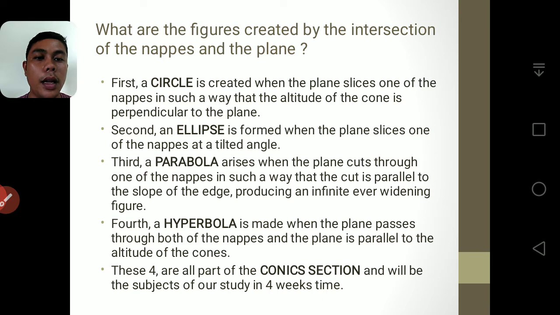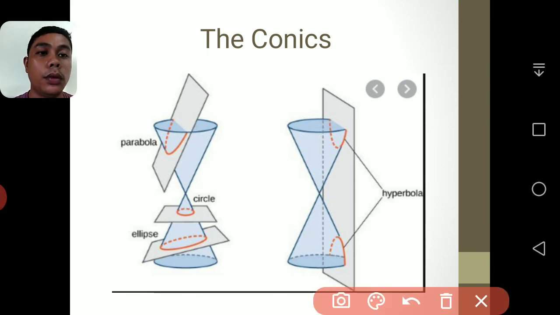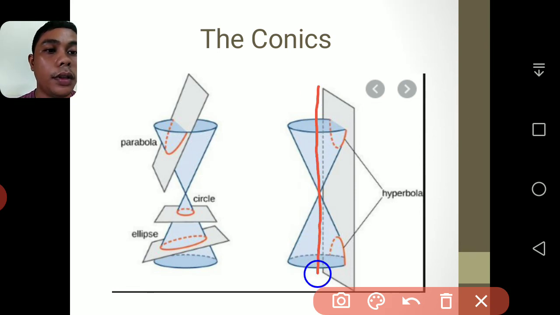Fourth, the hyperbola. The hyperbola is made when the plane passes through both of the naps and the plane is parallel to the altitude of the cones. So there's the hyperbola. Again, the altitude is an imaginary line passing through the vertex of the two cones.